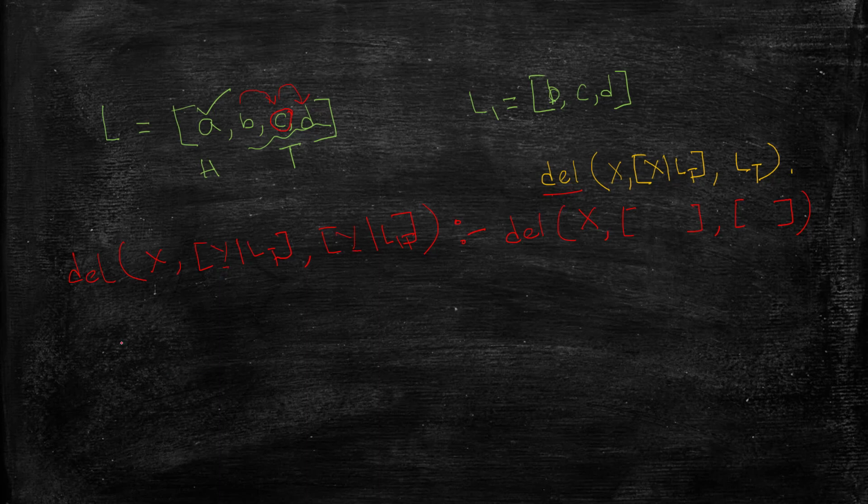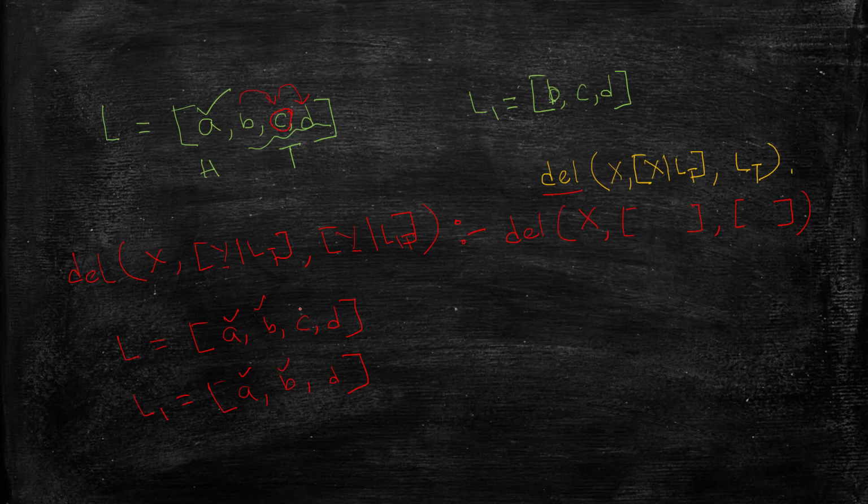If I write the example L, that is A, B, C and D, and this is the input list, and L1 is my output list. I want to delete the element C here, so A, B and D will be my expected output. What this clause is telling me is that the head portions are the same, and then we loop through all the elements and check whether this is also the same as this, right?